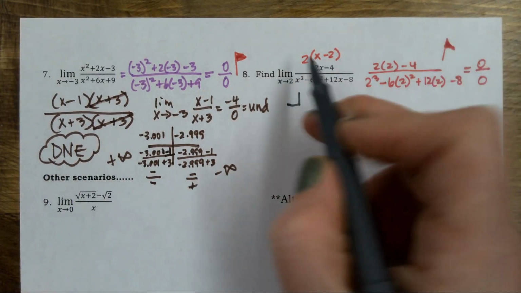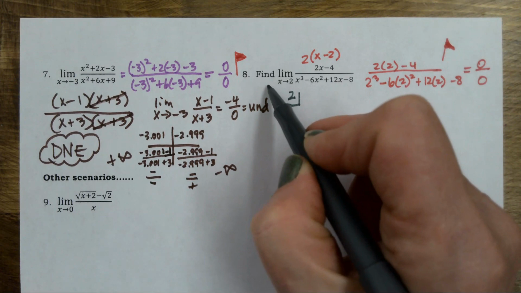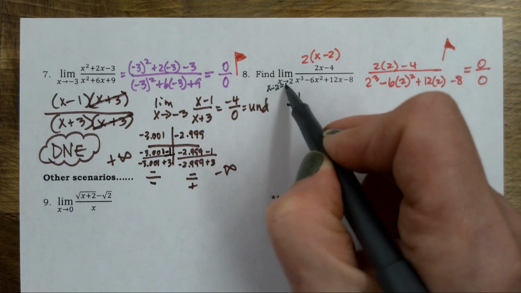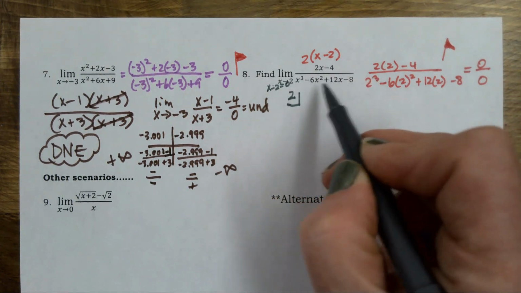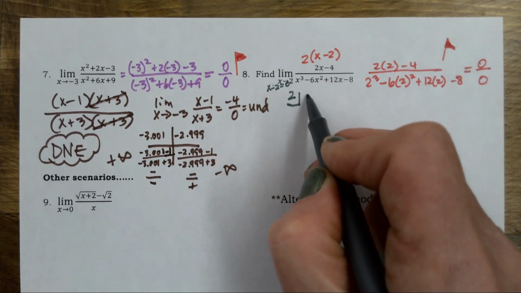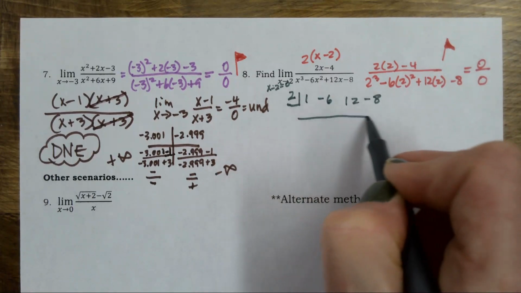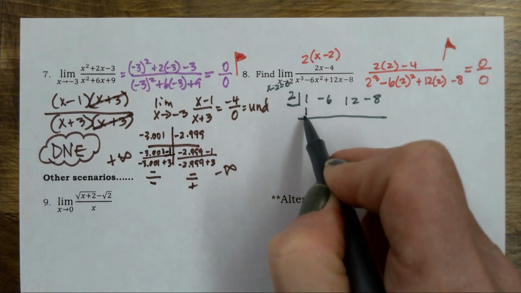So I will put 2 here. Remember, that's when x minus 2 equals 0, because that's what I'm thinking is a factor down here. That's what's causing the problem, so I put 2 there. Then this is 1, negative 6, 12, negative 8. Bring down the first.